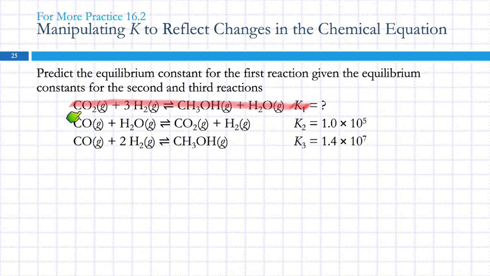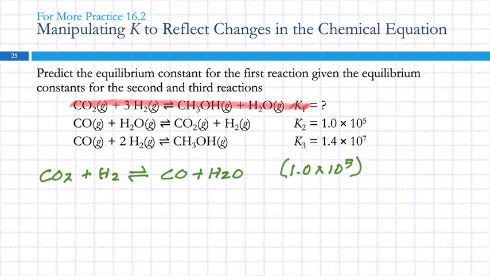So I want CO2 as a reactant. This one has CO2 as a product, so I want to take this one and reverse it. And so the rate constant for that is going to be 1.0 times 10 to the 5 to the negative 1 power, or 1 over 1 times 10 to the 5.